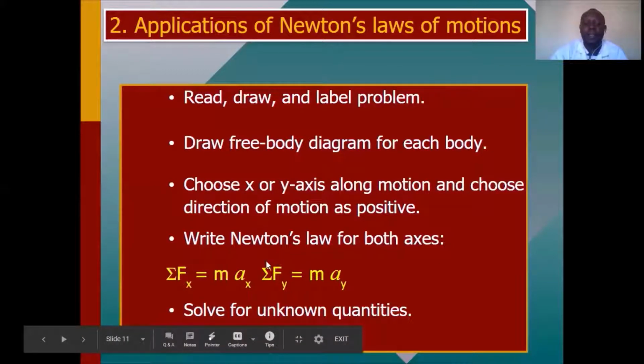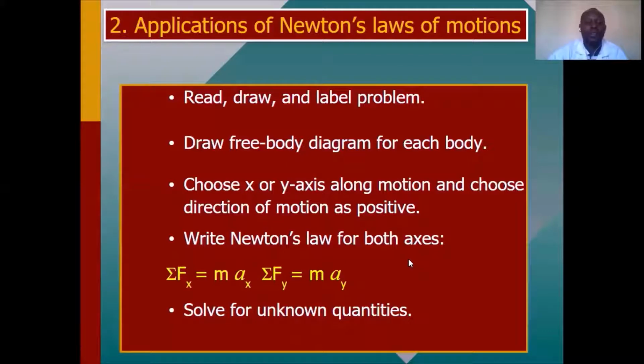And the sum of all forces in the direction of y is equal to the mass times acceleration in that direction. And from there we get the equations which are going to help us to solve for the unknown quantities which we are asked to find.